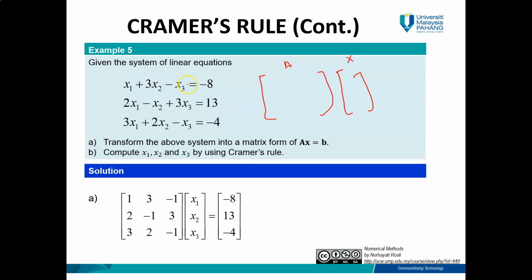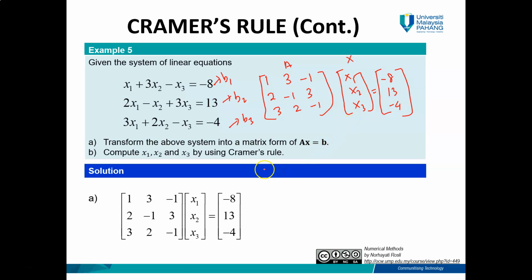We have 3 unknowns here, so we have x1, x2, x3, equal to b, which is b1, b2, and b3: negative 8, 13, negative 4. For A, it is the coefficients of each x. So the first equation gives 1, 3, negative 1, then 2, negative 1, 3, then 3, 2, negative 1. This is the system Ax equal to B.